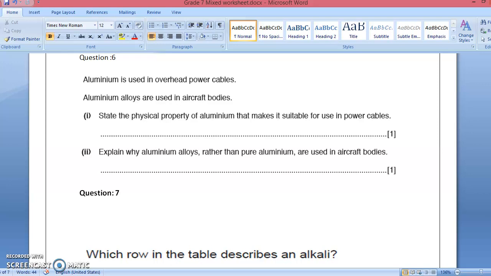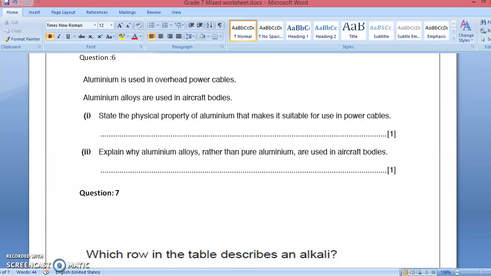The second one is explain why aluminium alloys rather than pure aluminium are used in aircraft bodies. Now, they are not using pure aluminium, but they are using aluminium alloys. Okay, the first important reason is that these alloys don't corrode.